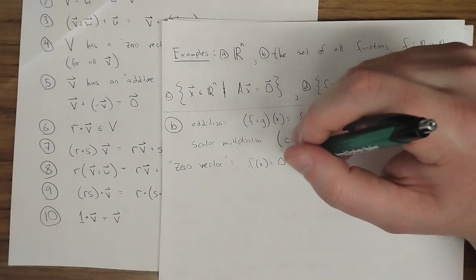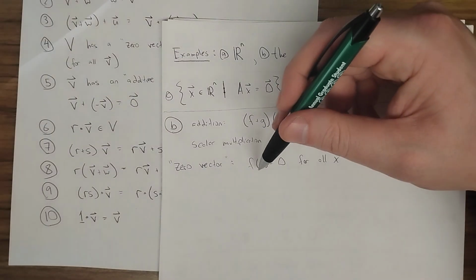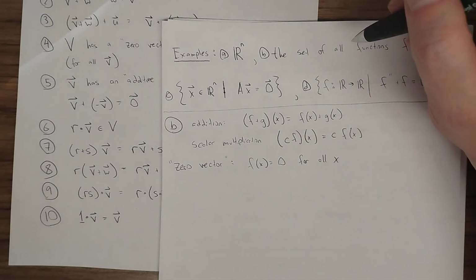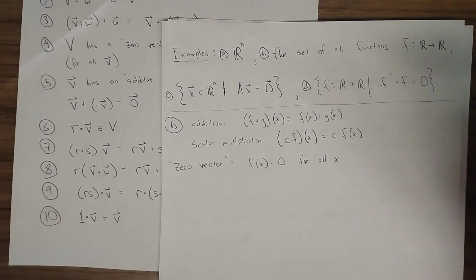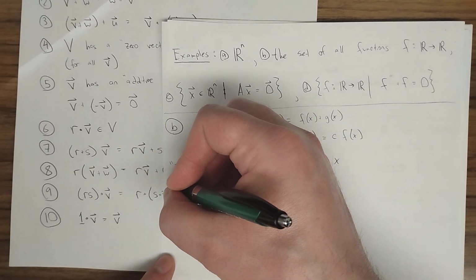So it's like the constant function f of x equals 0. That's because if I take that function and add it to any other function, I get back whatever function I added it to.